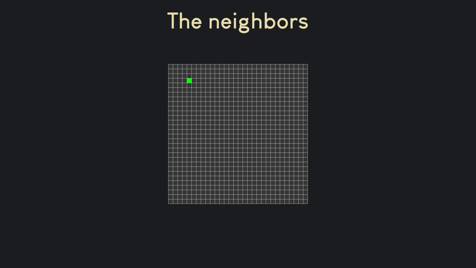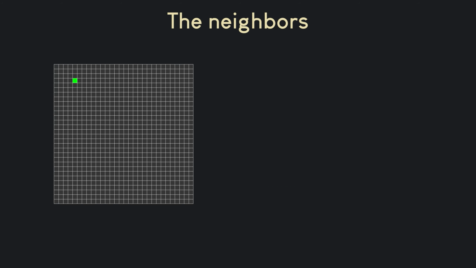Let's break down the positions of these neighboring cells in terms of their row and column numbers, keeping in mind that we start counting rows and columns from 0.